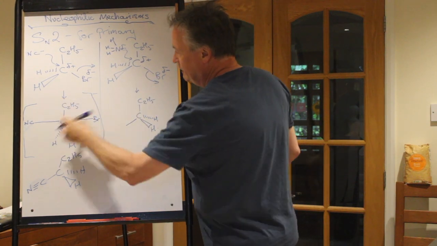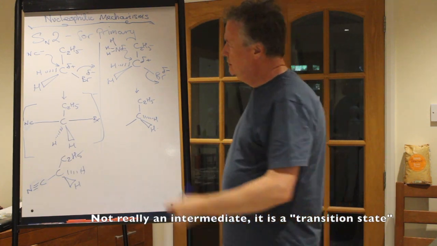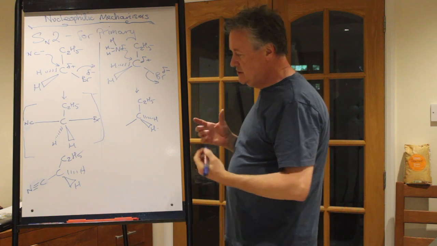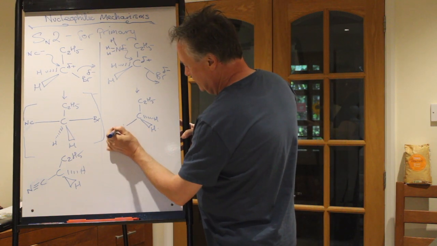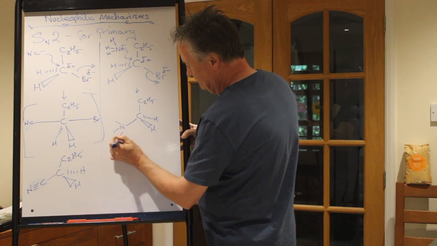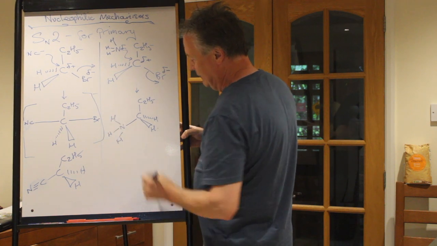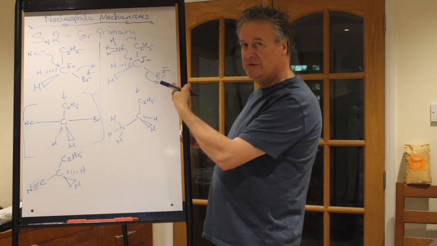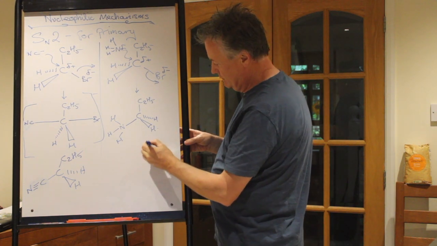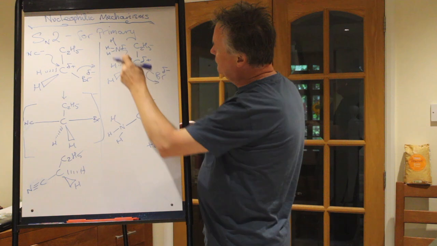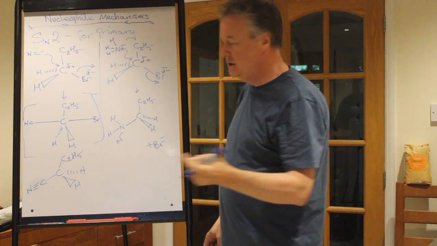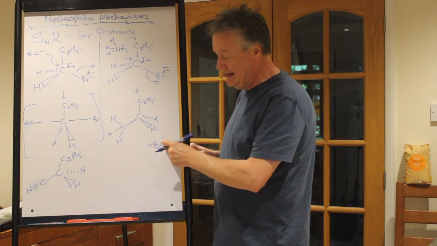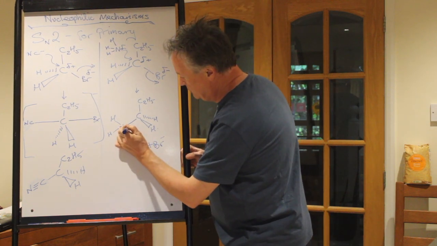You get the same intermediate state. But the subtle difference is that the bromide has left carrying a negative charge. So being as ammonia is uncharged and 1-bromopropane is uncharged, when the bromide leaves, it leaves a plus charge.